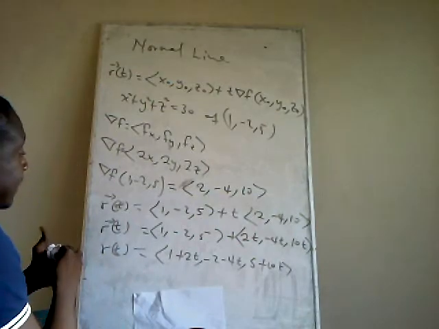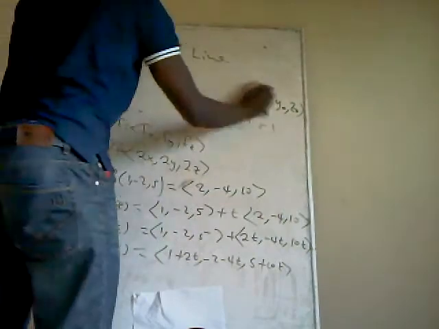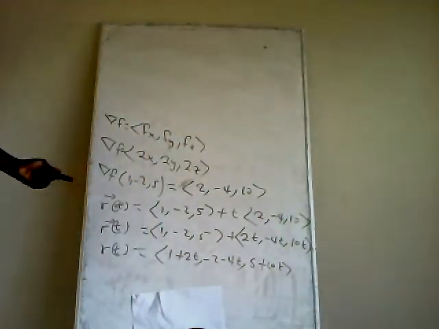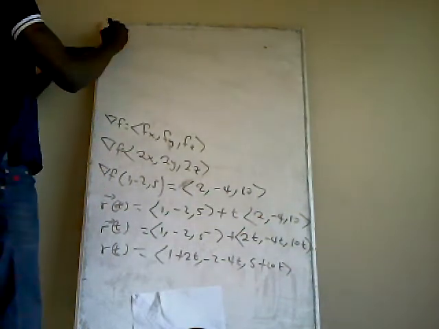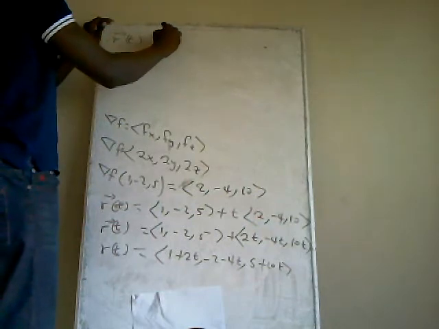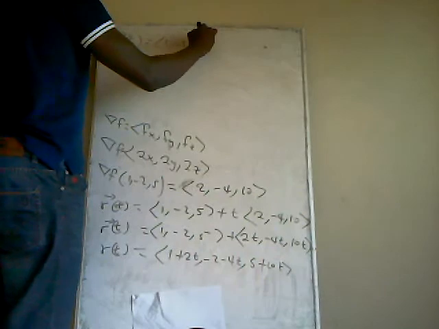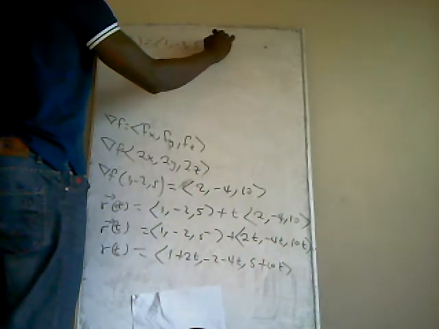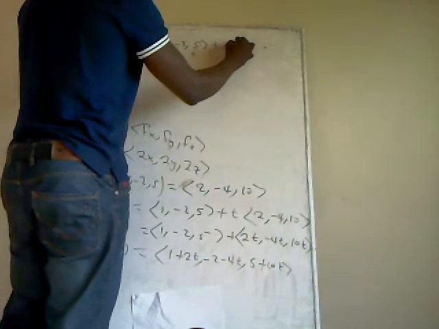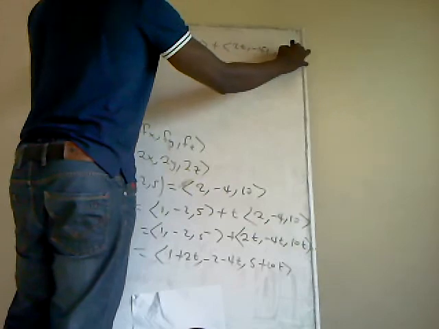If you do not get this, let me do it one last time so you see. Because it's a vector, I want to start from r of t is equal to 1, minus 2, 5 plus 2t, minus 4t and 10t.